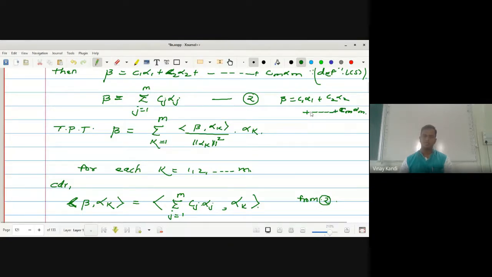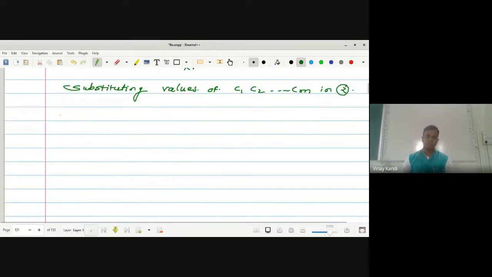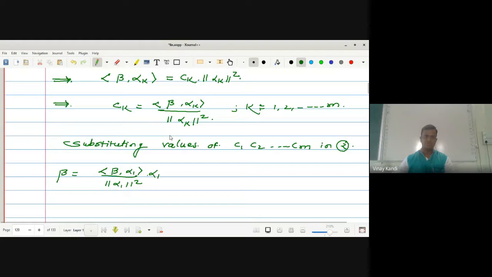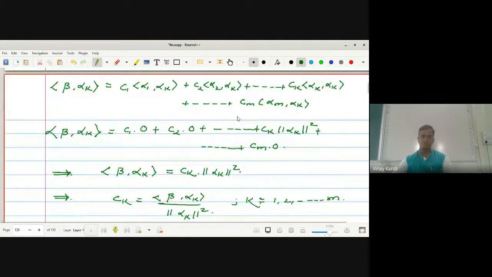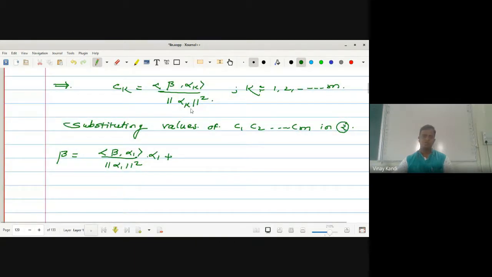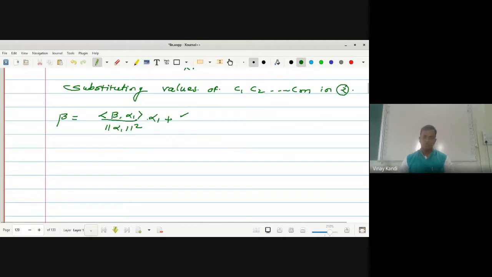By putting the values we get beta is equal to inner product of beta with alpha 1 over norm square of alpha 1 into alpha 1, this is the value of C1, plus inner product of beta with alpha 2 divided by norm square of alpha 2 into alpha 2 plus up to so on inner product of beta with alpha m over norm square of alpha m into alpha m.